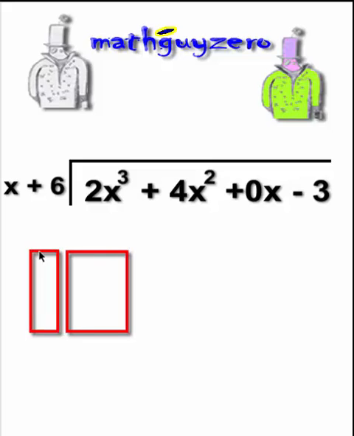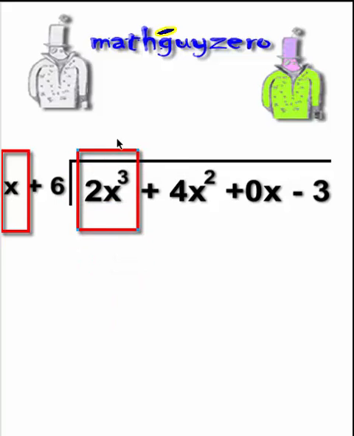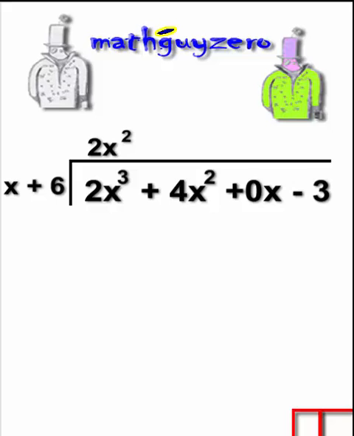So how do you do these? You do this. You take the variable x. How many times will a single x go into the first term? In other words, some number times x gives you 2x cubed. It has to be 2x squared, right? And then you just multiply it out like a regular division problem, right? 2x squared times x is 2x cubed. 2x squared times 6 is 12x squared.